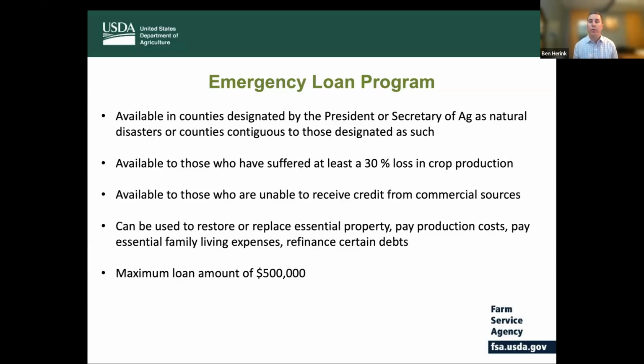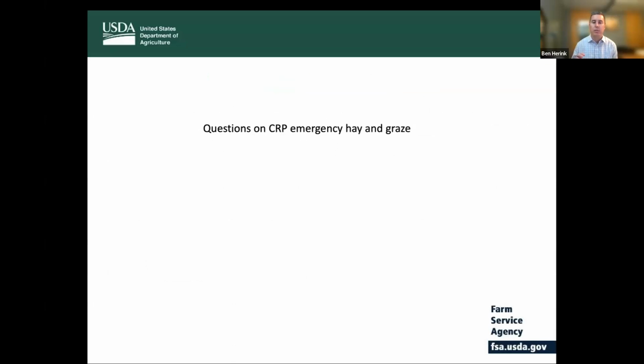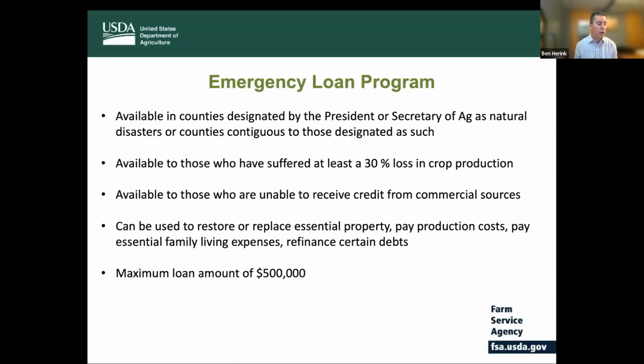We also have 4 other counties in the state bordering surrounding states that are contiguous to disaster designations for drought. And so in total, we have about 82 counties in Nebraska that would currently be eligible for an emergency loan from FSA, again, if all other eligibility criteria were met.